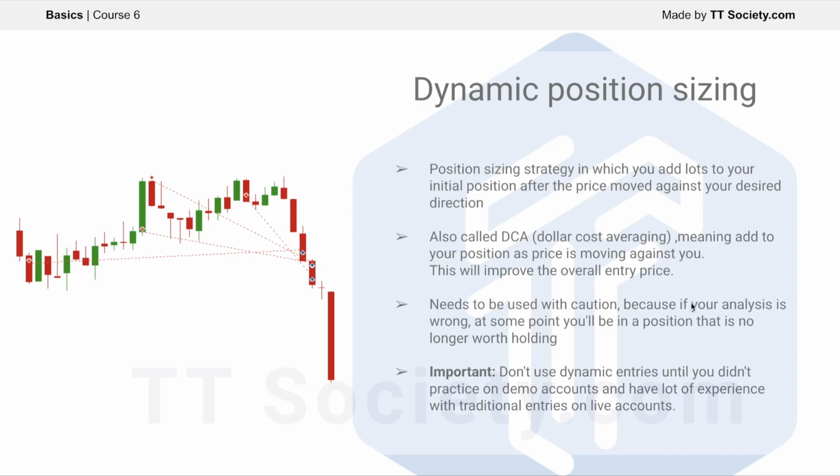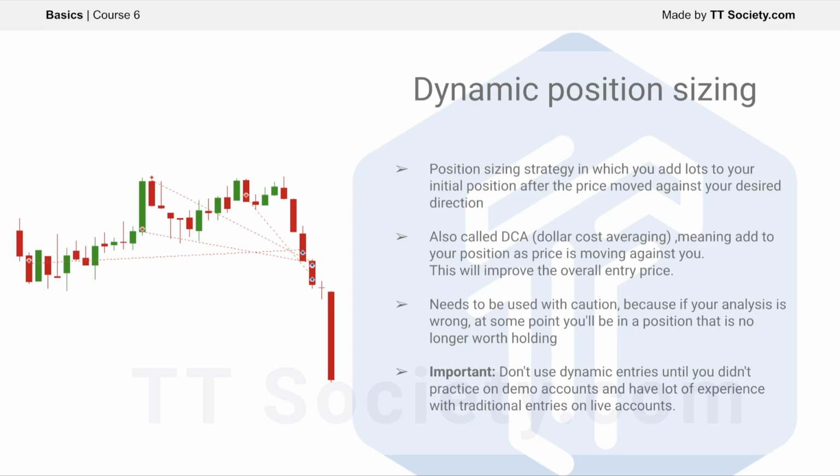But please, this needs to be used with caution, because if your analysis is wrong, at some point you'll be in a position that is no longer worth holding. As you've just seen in our example, you will get liquidated. You will lose all your money. Keep that in mind. Using this type of strategy, people tend to not incorporate hard stop losses.